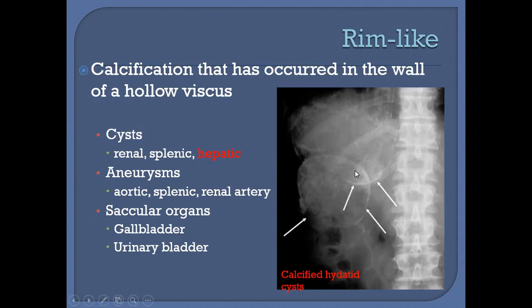In the right upper quadrant, you see a well-defined lesion with peripheral areas of calcification. So this is a case of hydatid cyst which is calcified. Cysts can be renal, splenic or hepatic. Then peripheral calcifications can be in an aneurysm, which can be aortic, splenic or renal, and some saccular organs like the gallbladder or urinary bladder.